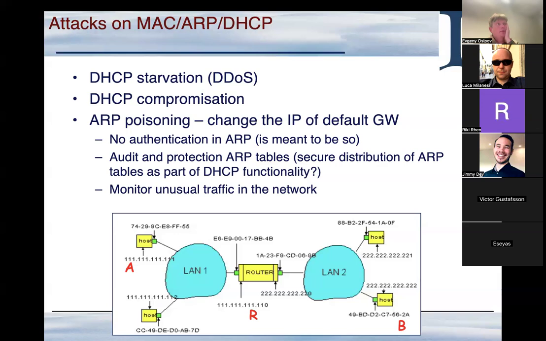And how to do that? Well, you need to do two things. You need to starve a DHCP server, which is a usual server operating using the UDP protocol.